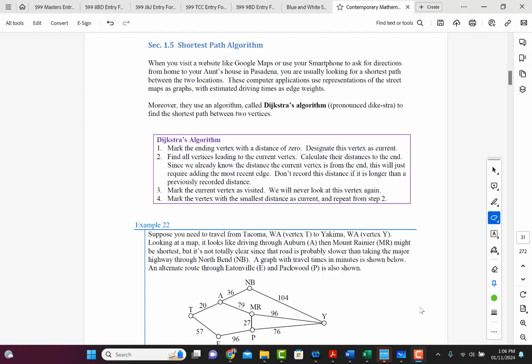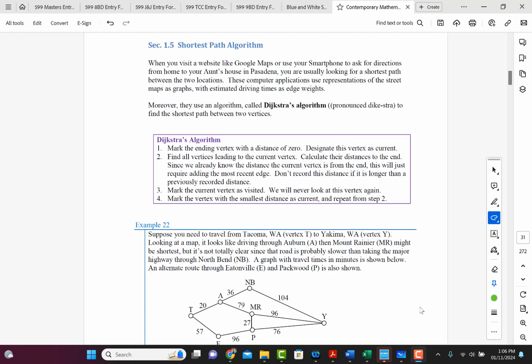Don't record this distance if it is longer than a previously recorded distance. So that's step 2. Step 3, mark the current vertex as visited. We will never look at this vertex again. And then step 4, mark the vertex with the smallest distance as current and repeat from step 2.